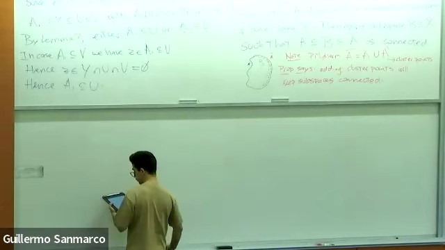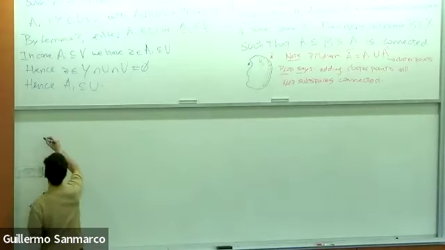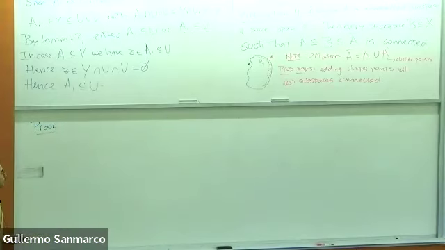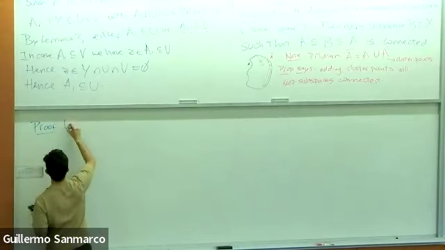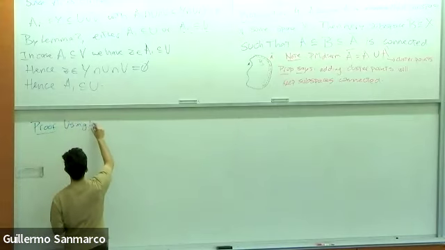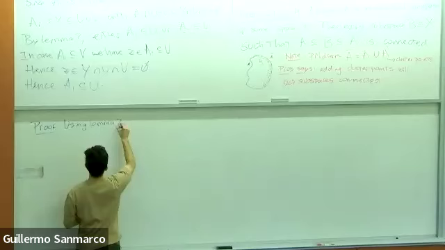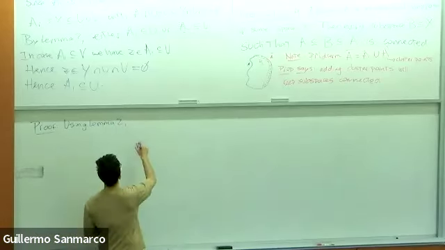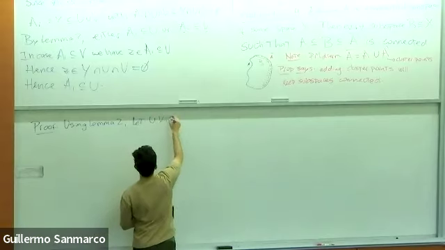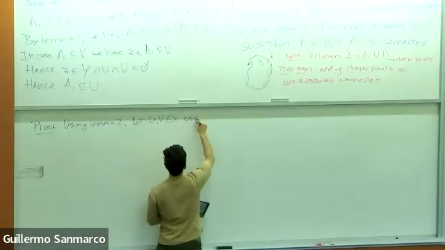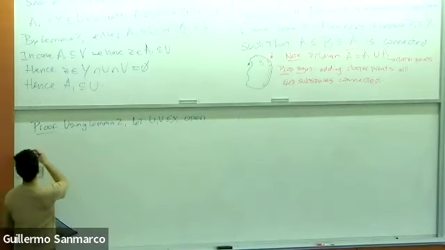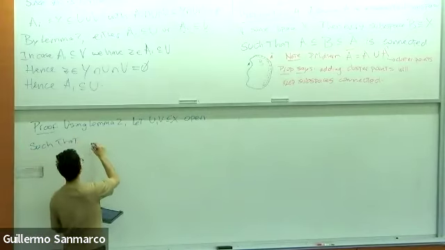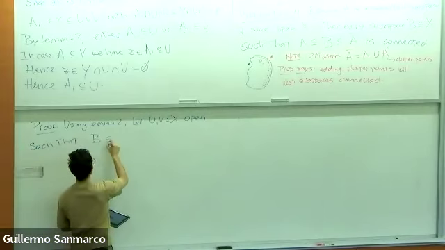Okay, proof. Here we're just using our lemma 2 as hard as we can. So the proof is, again, with lemma 2 in hand. We want to show V is connected. So let's take U and V open in X, which cover V. So V is inside the union.